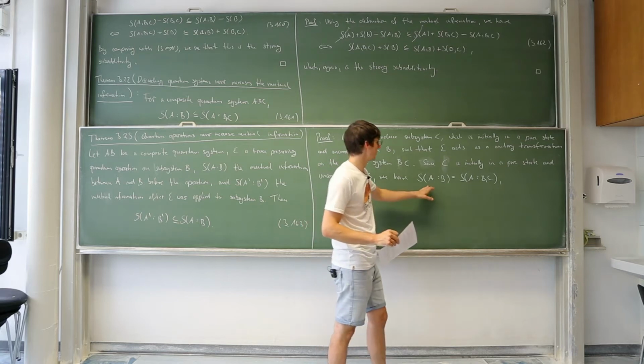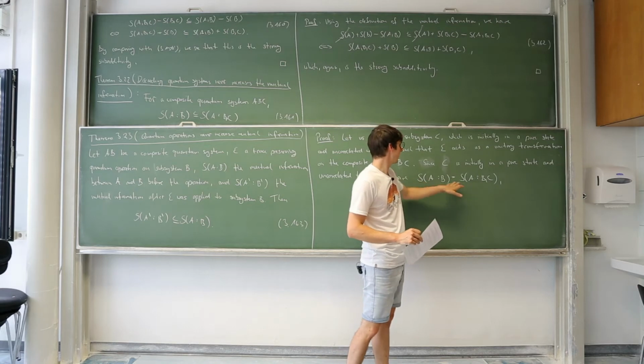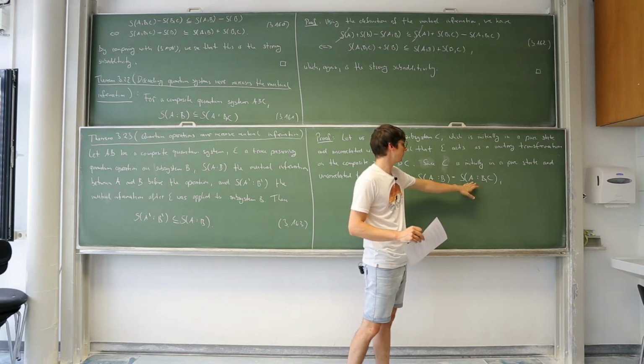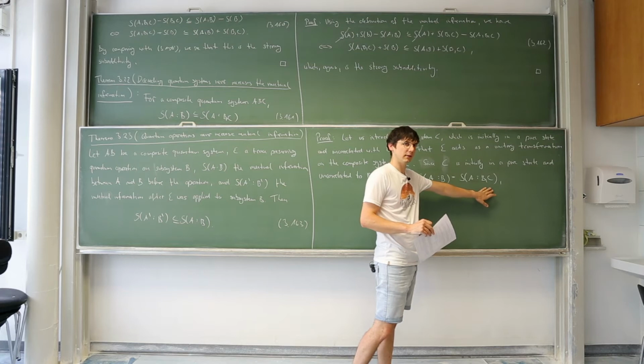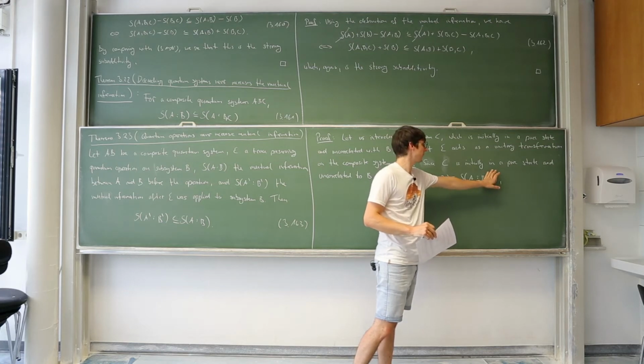And by these two facts, we can say that the mutual information between A and B is equal to the mutual information between A and B, C, okay, because this system C doesn't matter.